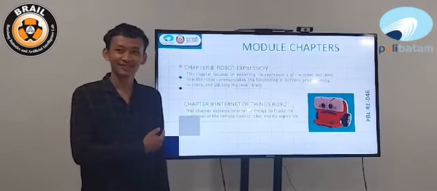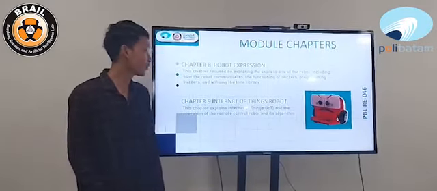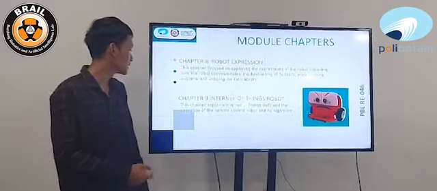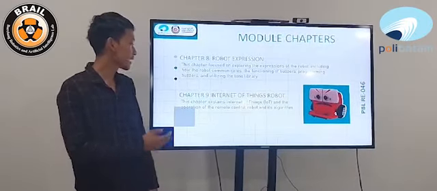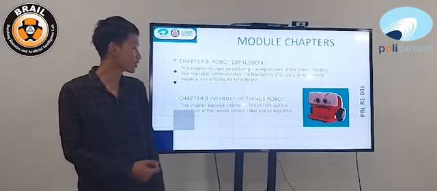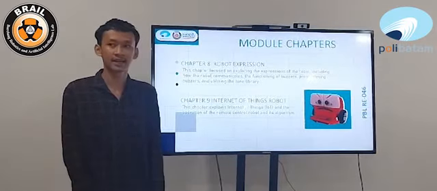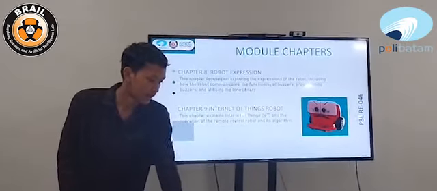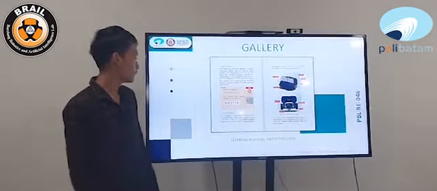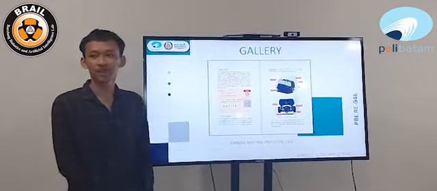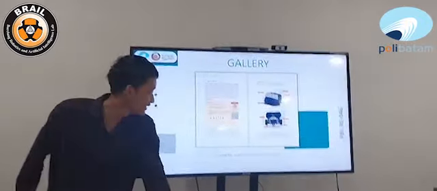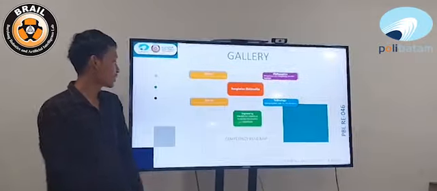And the final chapter, Internet of Things, or IoT. This chapter explains the Internet of Things, the operation of the remote control robot, and its algorithm. This is the learning material prototype view and competency mind map.